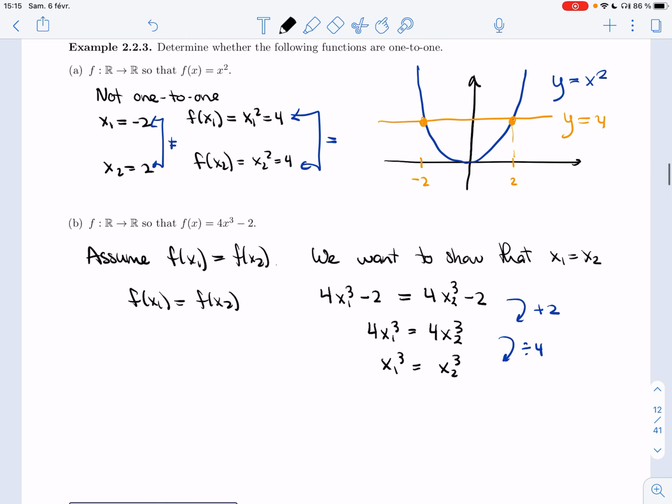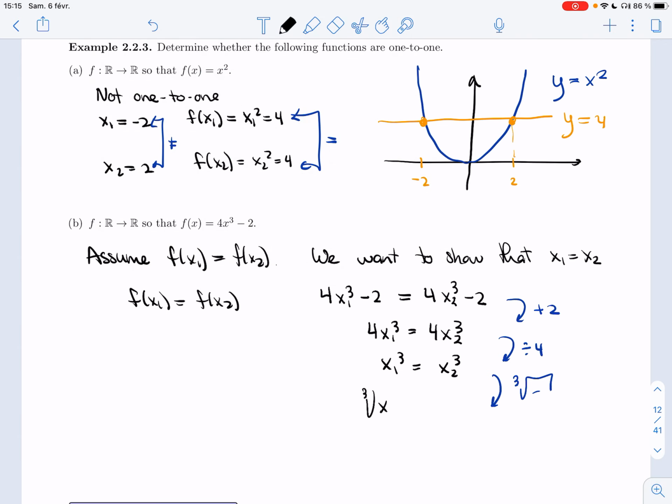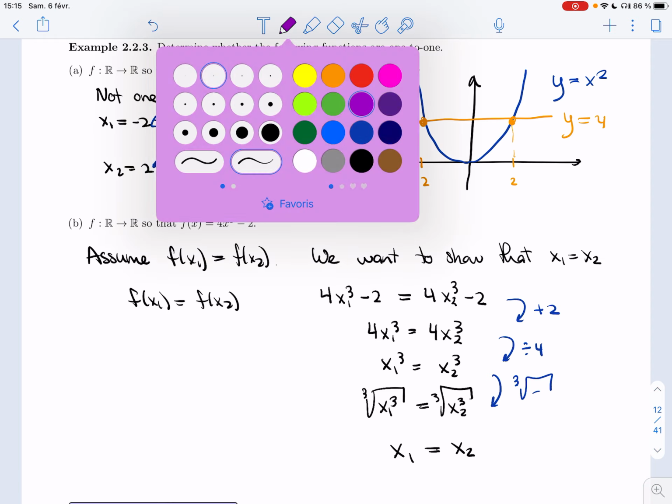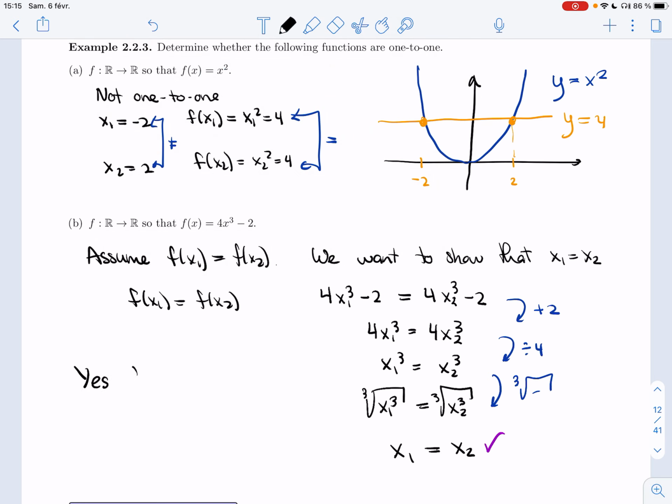And we have an inverse for the cube. I'm going to cube root it. I'm going to get that the cube root of x1 cubed equals the cube root of x2 cubed. And so I get x1 equals x2, which was my goal. So yes, f is one-to-one.